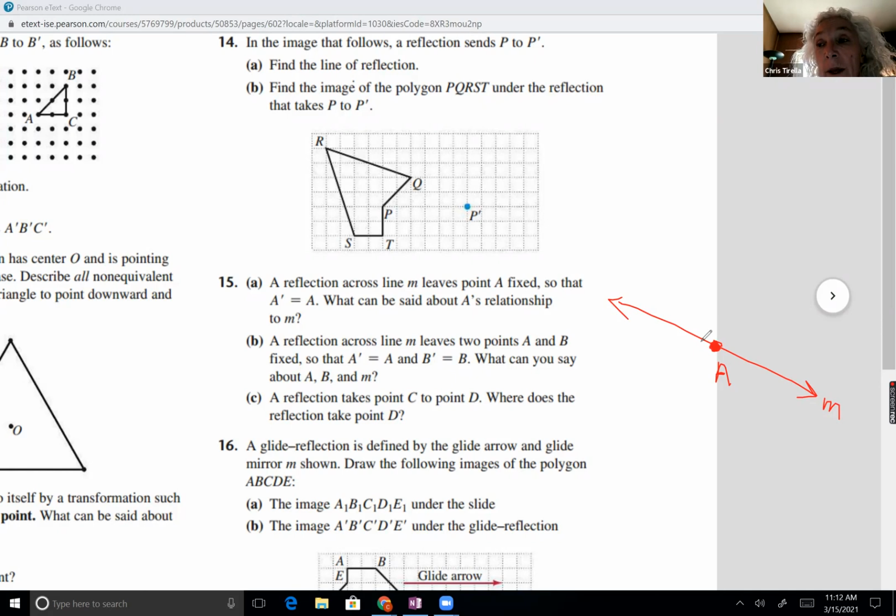And so if A stays put, doesn't that mean that A is on the line? So if part B, if A doesn't move and B doesn't move, wouldn't they both have to be on the line?